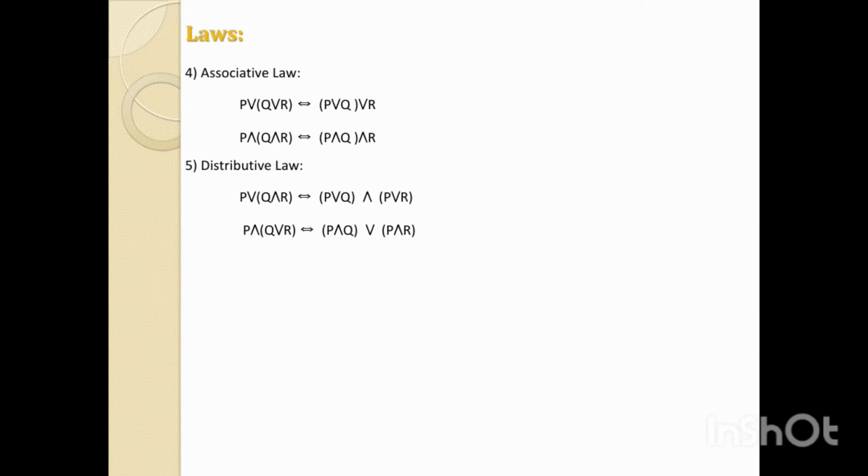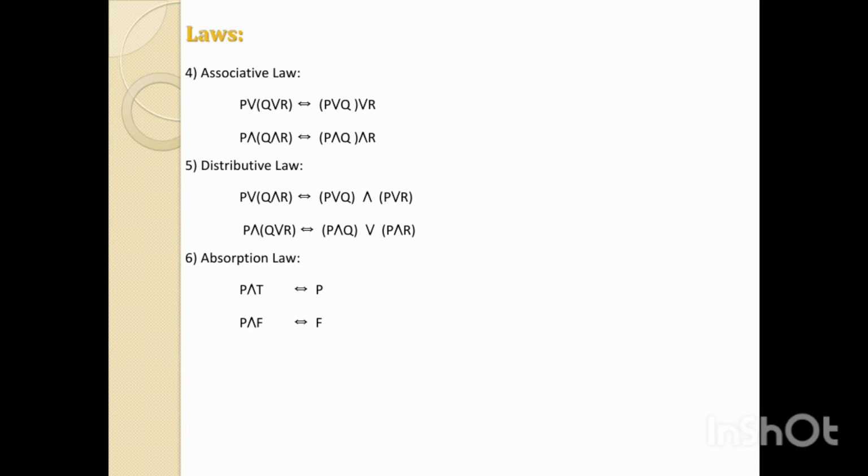The first is P or in brackets Q and R. Here we can distribute the P or over the Q and R. Then it is logically equivalent to P or Q and P or R. The second is P and in brackets Q or R. Here we are distributing the P and over the Q or R. That's why it is logically equivalent to P and Q or P and R.